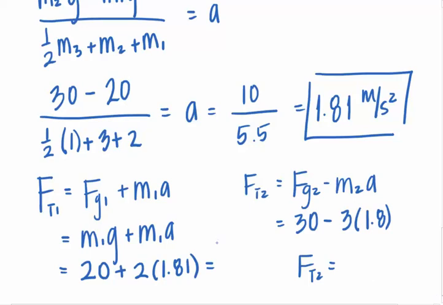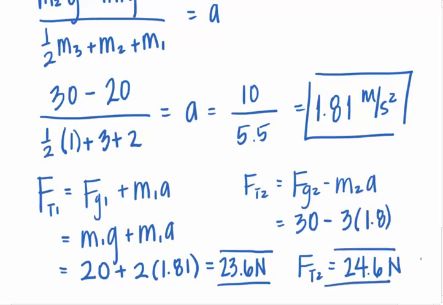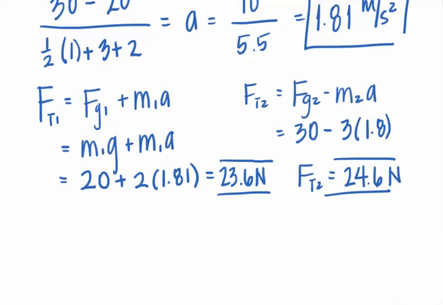Well, the tension of the first one should be like 23.6. Beautiful. And then what about the tension on the other side? 30 minus 3 times 1.8 is 24.6. Are they the same? So these forces are unbalanced, thus there can be acceleration.